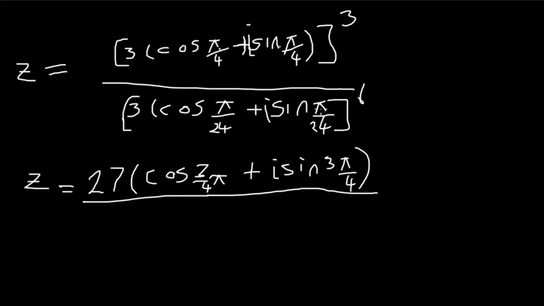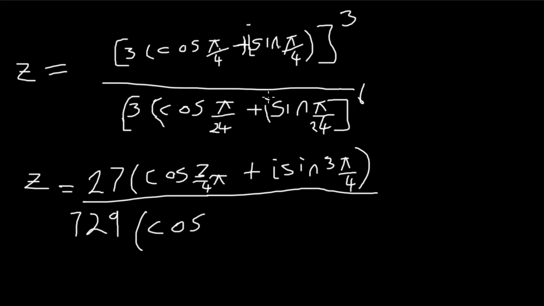Then this 3 to the power 6, you get 729. 3 to the power 6 gives 729, followed by this angle multiplied by 6, you get something like cos.